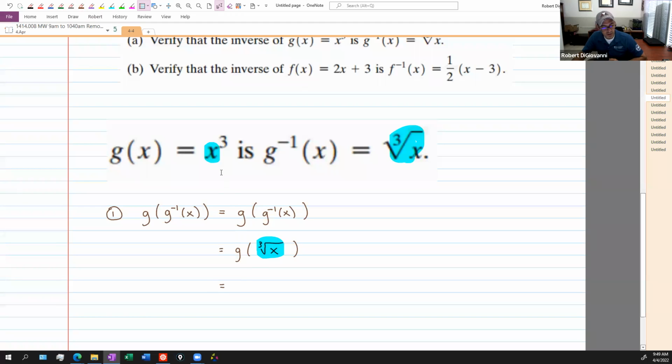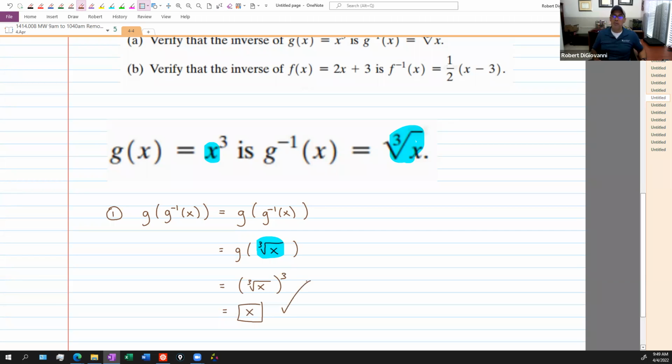And what does g do? It takes whatever you give it. I'm giving it cube root of x. It takes that and cubes it. And what happens when you cube the cube root? They go away, and you just get x.